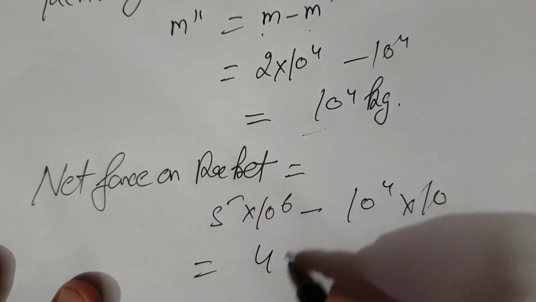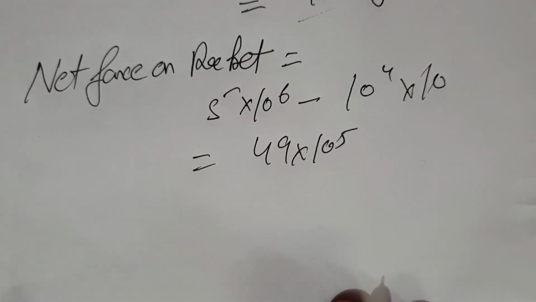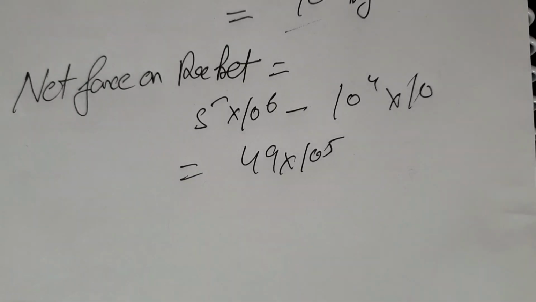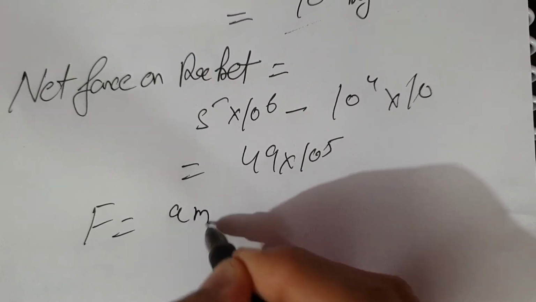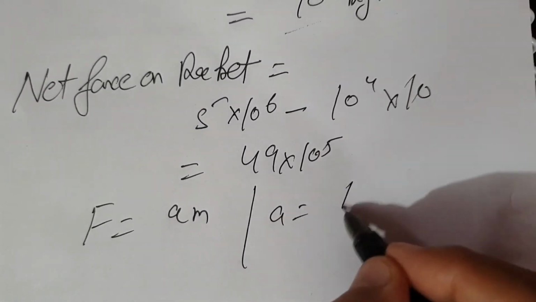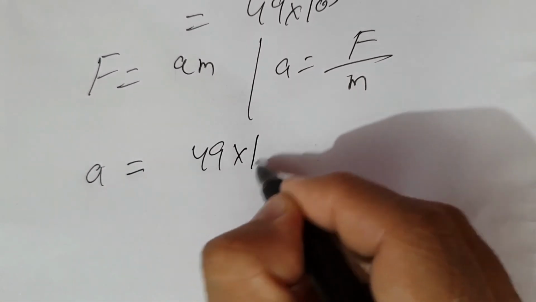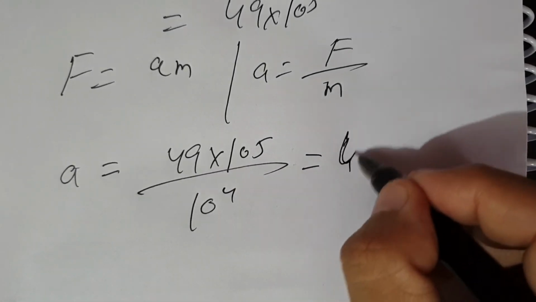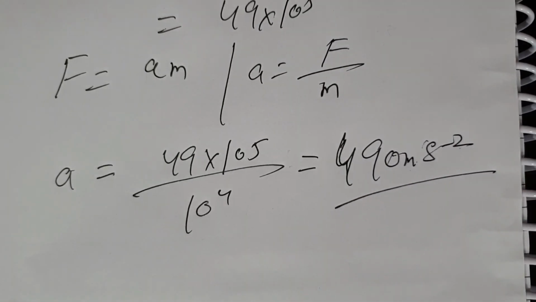You solve it, you get 49 × 10⁵ as the new net force, which is acting upward. So again, we know that F is equal to m times a. So a is what? F by m. Now a will be 49 into 10 to the power 5 upon 10 to the power 4, which is 490 meter per second square. So this is the acceleration when the fuel has been completely exhausted.